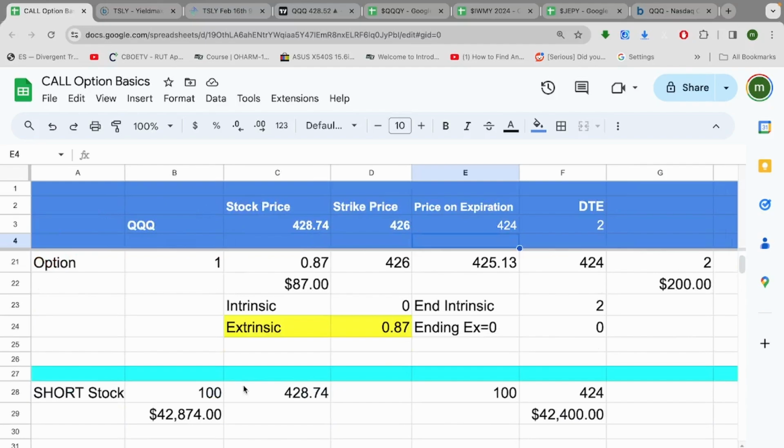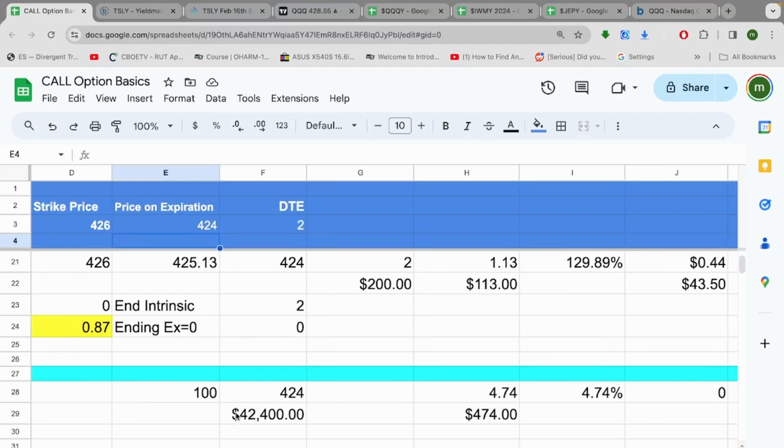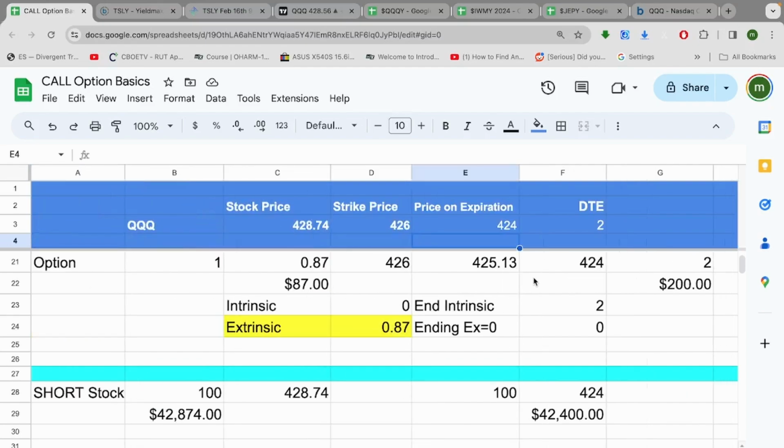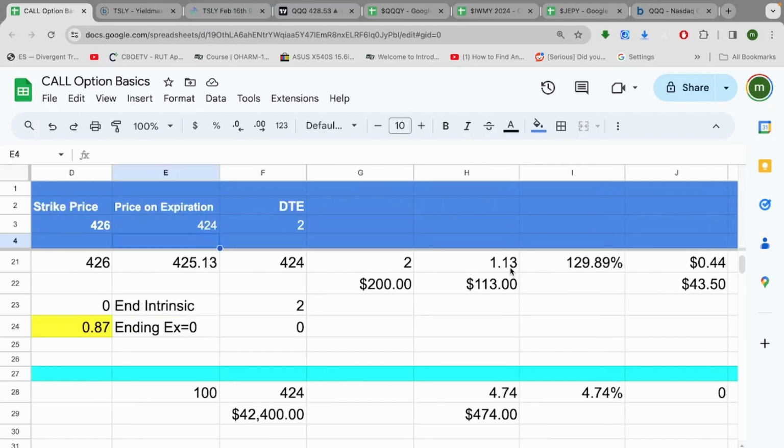A guy could short the same amount of QQQ stock and it would cost him $42,000 instead of $200, but he would make $474 instead of $113. I still like the risk reward better of the option guy myself. That's just me. I like leverage, and this is just a small bet. This could easily be wrong, and if it's wrong, we just lose $87. But if it's right, we could pretty easily make $113.